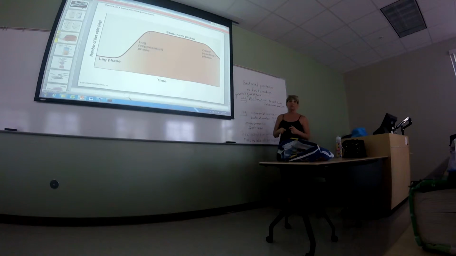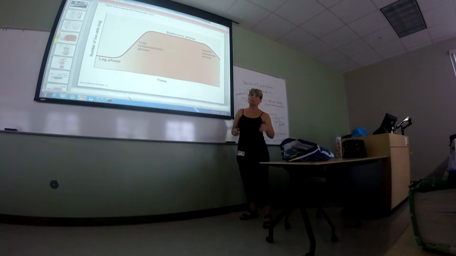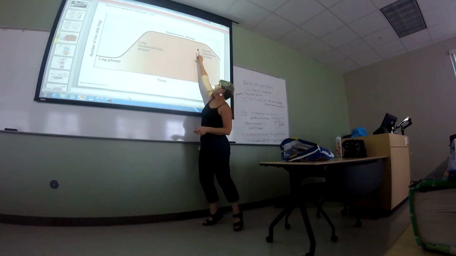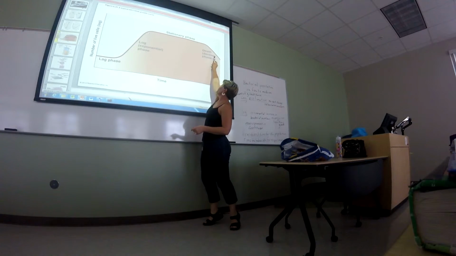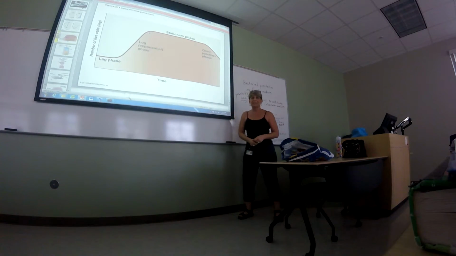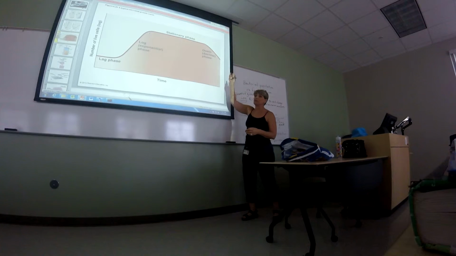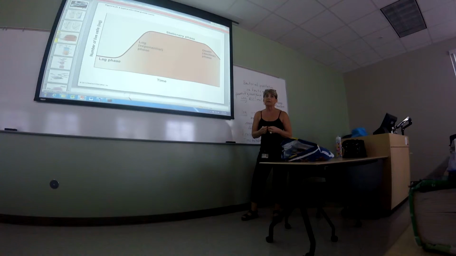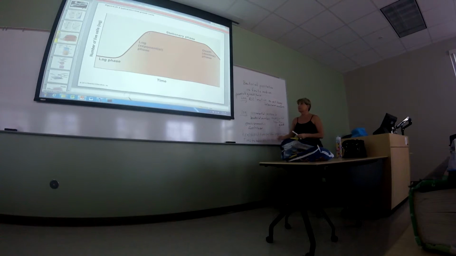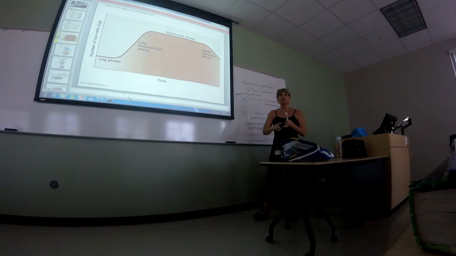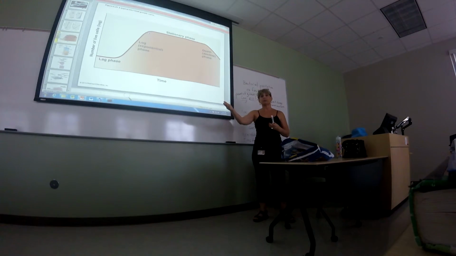But if I slept off my hangover and didn't go, and I waited and didn't take them until stationary, or one time I even did it in the decline phase, I still was able to get a few that could still replicate. But what's going to happen? My population's not going to grow to its best capacity, right? So this is why it's the best time to take them for experimentation or for maintaining your culture, for starting new cultures from it.